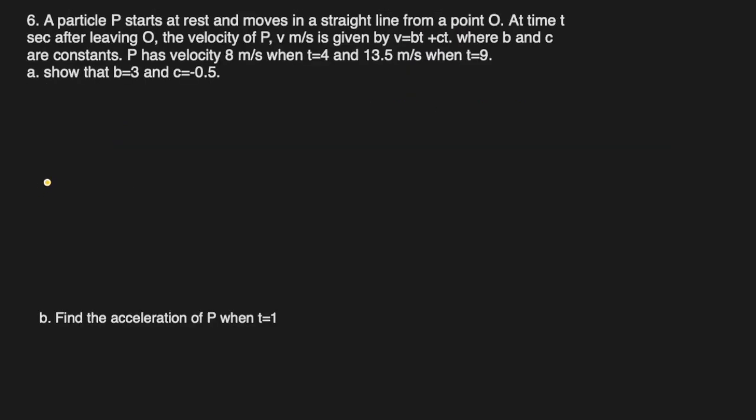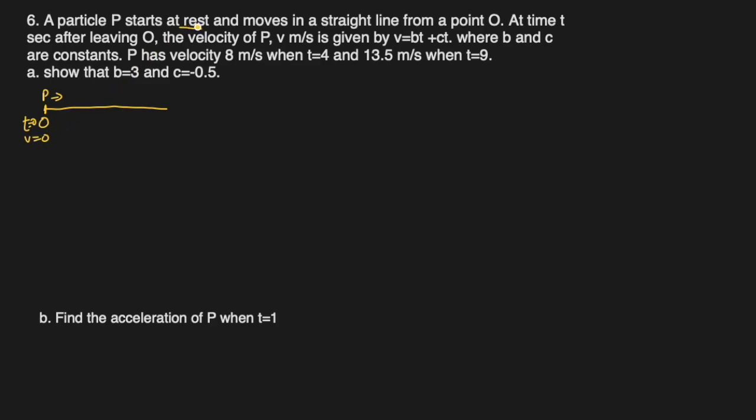Question 6. A particle P starts at rest and moves in a straight line from a point O. So suppose this is the straight line, this is the point O, and P starts from here in this direction. What it means that it starts from rest is that when time is 0, its velocity was 0.